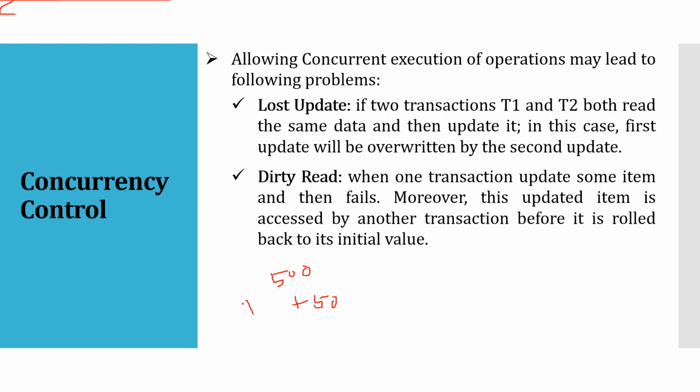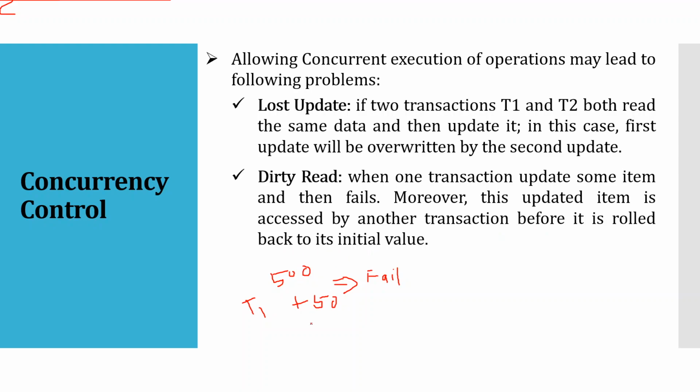So transaction T1 has updated this particular data item, right? And after this update, it has failed. That is what the first statement says. It has failed. Moreover, this updated item is accessed by another transaction before it is rolled back to its initial value.